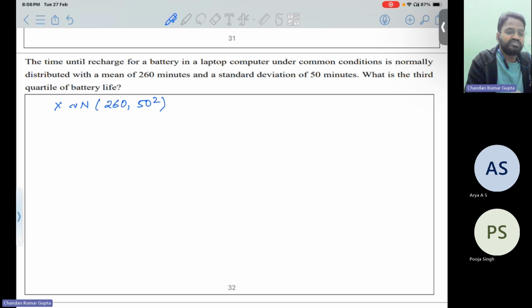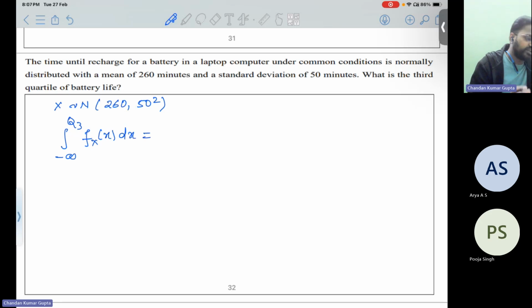Quartile is actually the positional average. The third quartile is denoted as Q3. Since it is normal, we need to calculate the integral up to Q3 of f(x) dx.